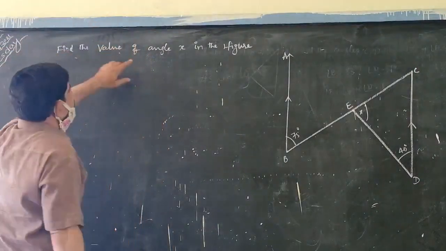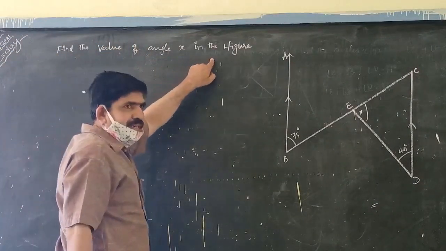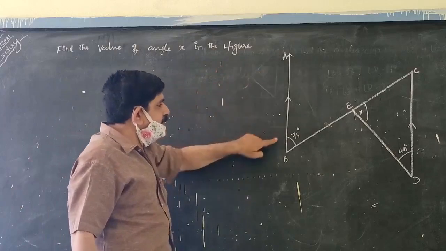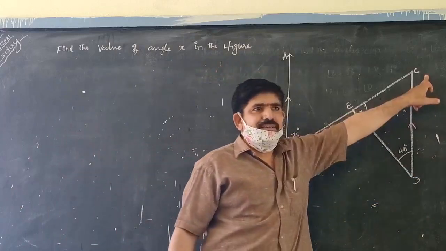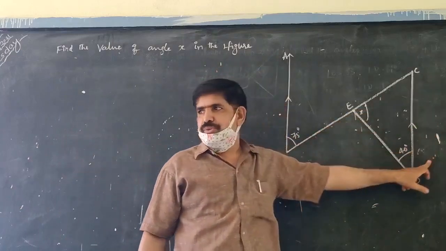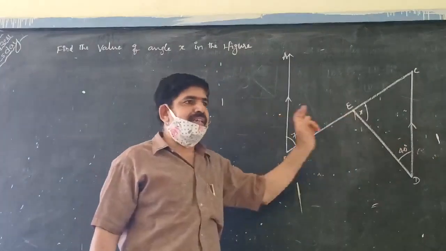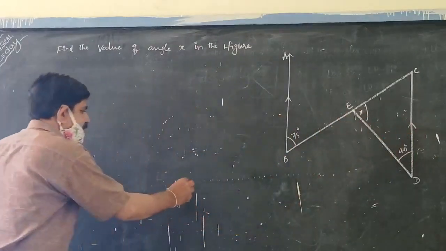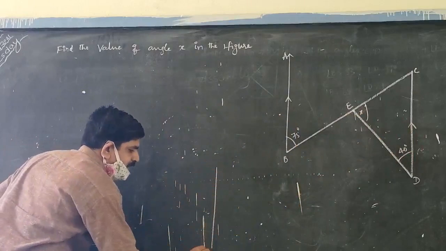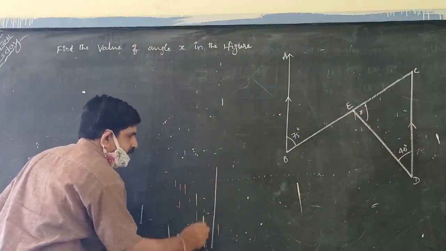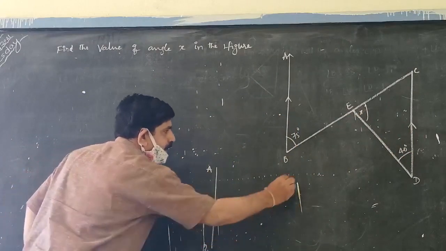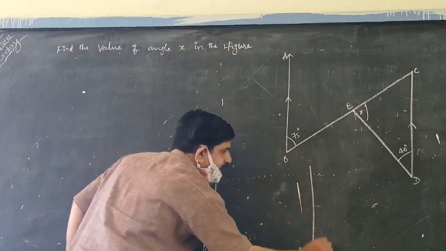Find the value of angle x from the figure. Here AB and CD are parallel lines. Suppose this is AB and this is CD.